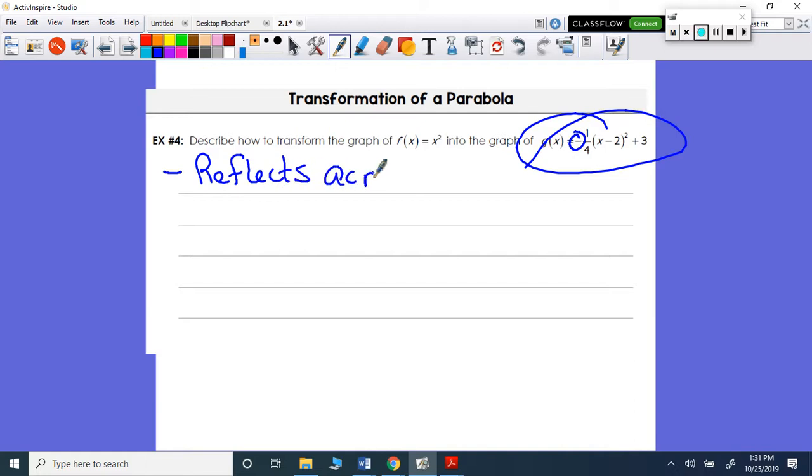Anybody remember what that 1/4 does? It's a shrink. It's opposite, I think it makes it look bigger, but it shrinks it. The key says 4, but that's a mistake. The 1/4.